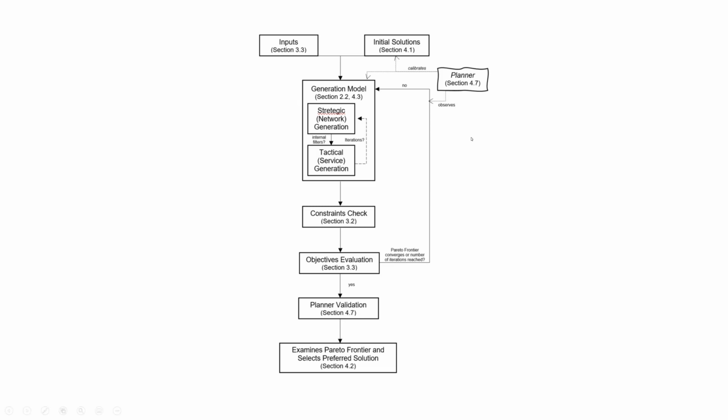The planner is monitoring all the steps at all times to make sure the generation model is performing well, generating a network that is feasible and applicable, and that the initial solutions work well. At the end, the planner manually validates the solutions generated. Then you should look at the Pareto criteria and select a preferred solution.